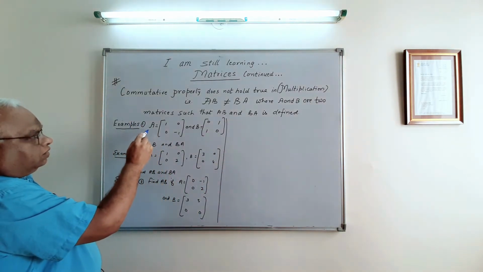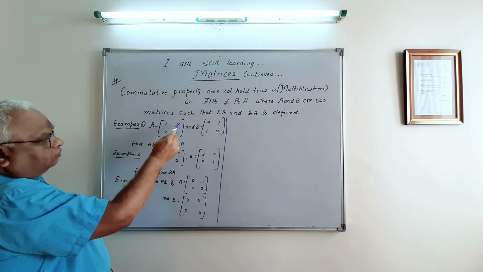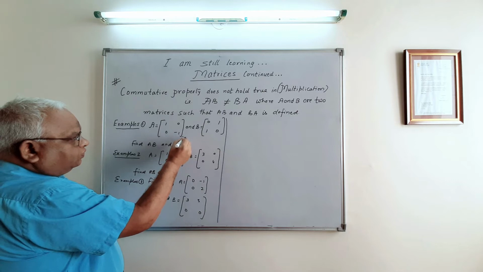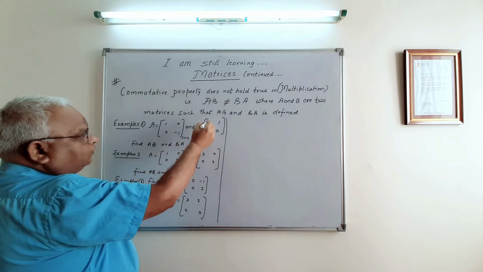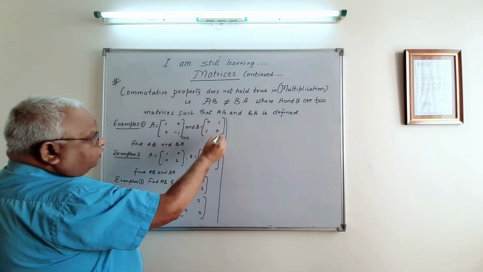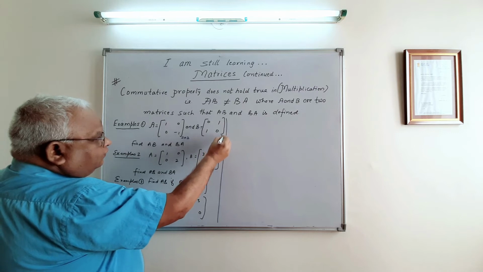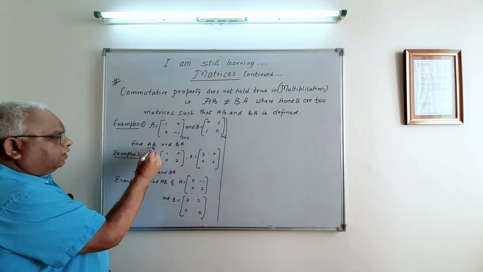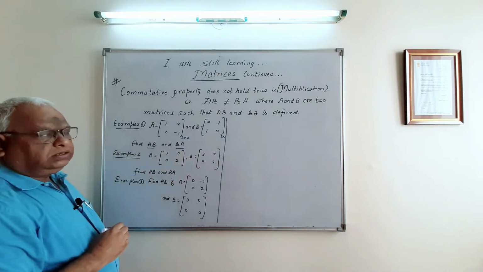Let A is equal to [1 0; 0 -1] be a 2 cross 2 matrix, and B is equal to [0 1; 1 0] be also a 2 cross 2 matrix. Then let us find out AB and BA.